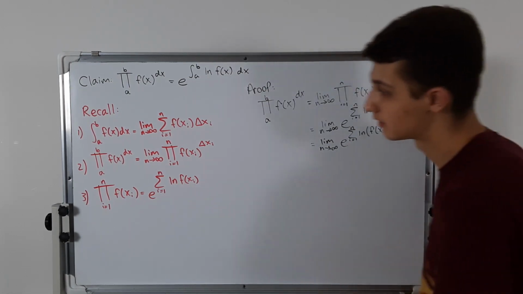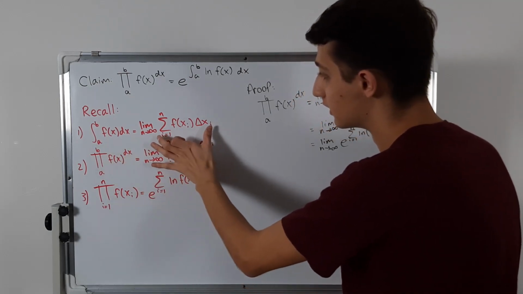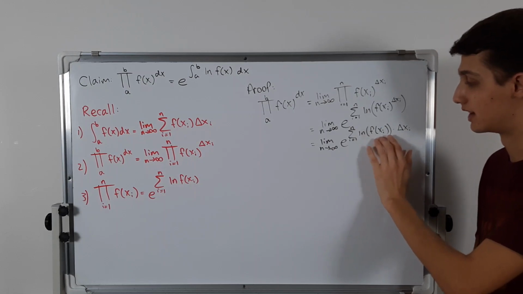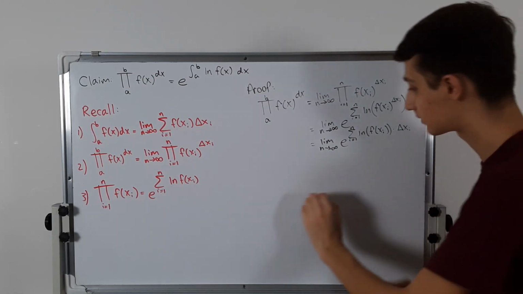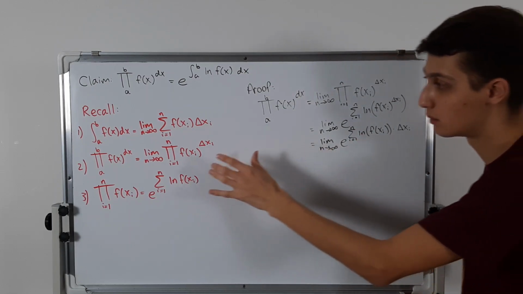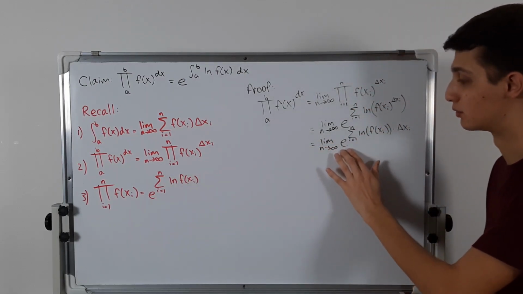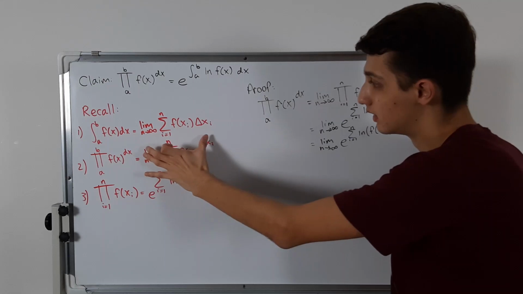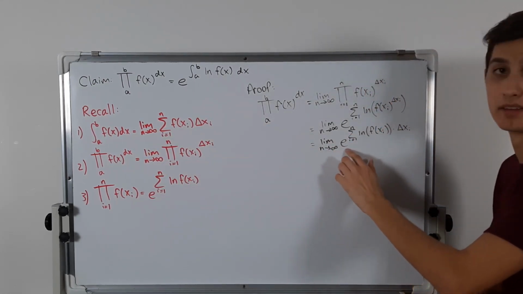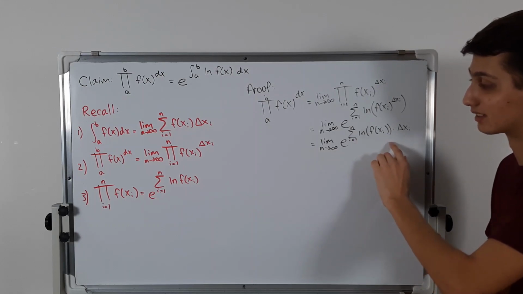This looks very similar to this. And in fact, this is just the integral of the natural log of the function. So what we have now, well actually, we're almost there. We have to do one more step before that, because the entire definition has the limit right in front of the sum. Here we don't have that. We have the limit of e to the sum.